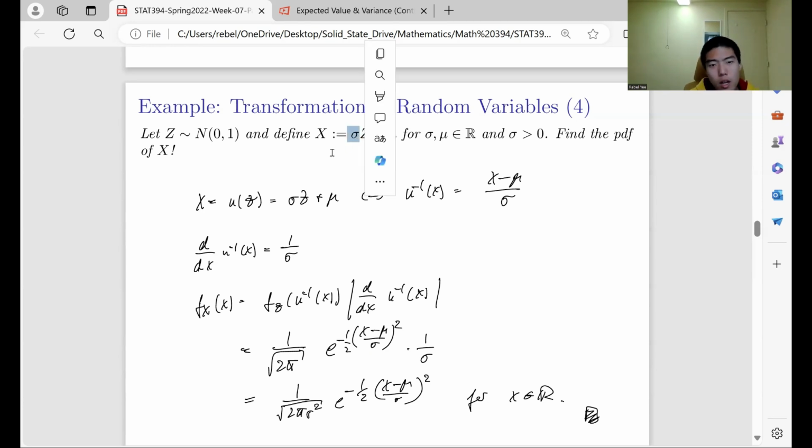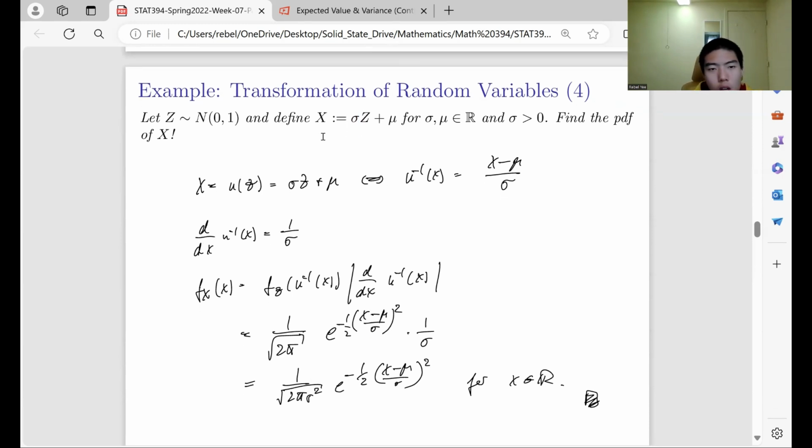So it becomes more complex, and this can serve as a basis for solving other continuous CDF problems and transformations over non-standard normal distributions. So we will compute this one.